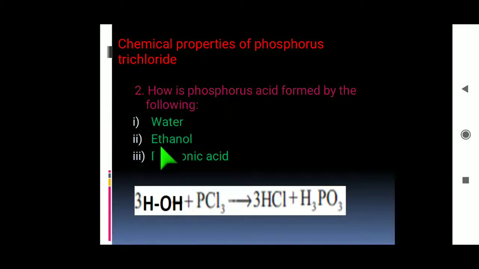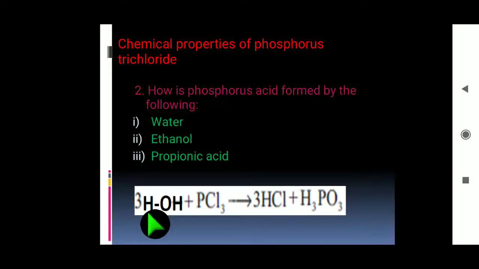the second one, ethanol, how is it reacting with the phosphorus trichloride? We can guess it. For example, in the place of hydrogen, I just substitute ethyl, C2H5OH.